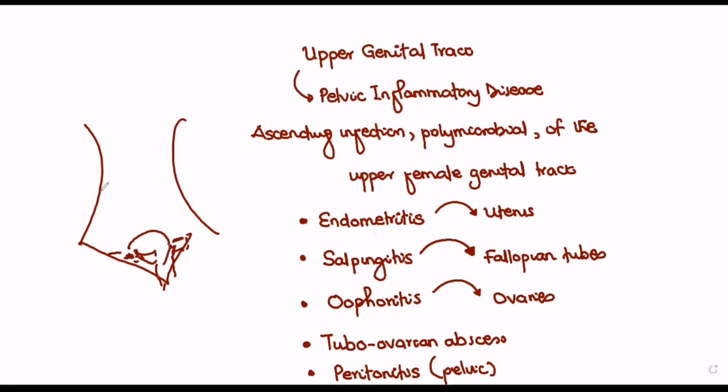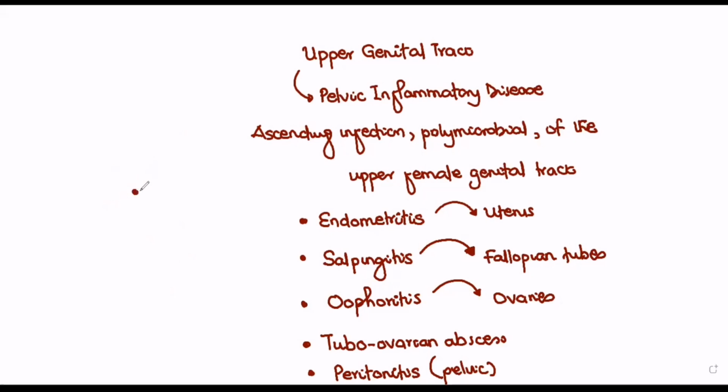But I can have the peritonitis also affecting this part, so that this is where the liver is. It's a complication of PID. You can tell me the name. Fitz-Hugh-Curtis syndrome. That is the name.